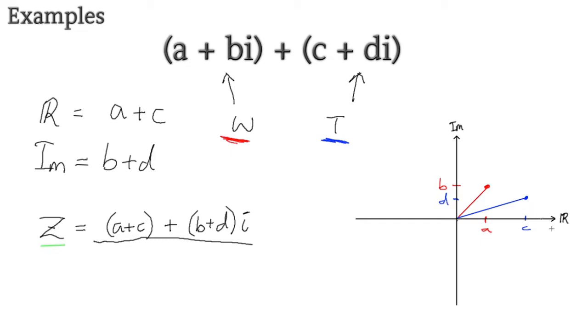So if we denote c plus a on the axes as just a plus c, and if we denote on the imaginary axis b plus d, that would be roughly here, b plus d.